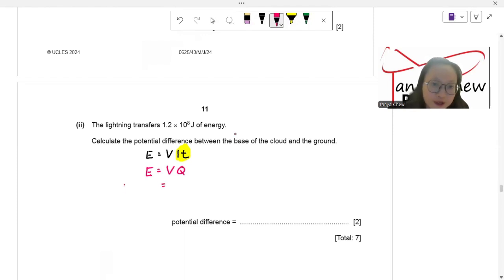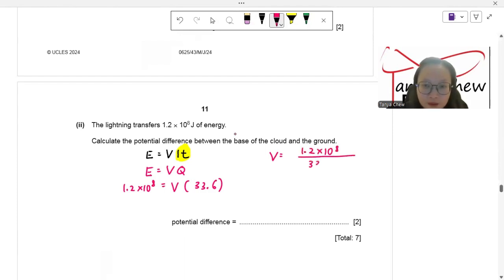I have to find V. Energy is 1.2 times 10 to the power 8. Q is the charge that I determined just now, 33.6. V is equal to 1.2 times 10 to the power 8 divided by 33.6. It is a large potential difference by the lightning, which is very, very dangerous to humans. So 3.57 times 10 to the power 6 volt is the answer.